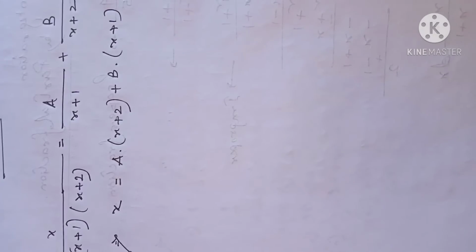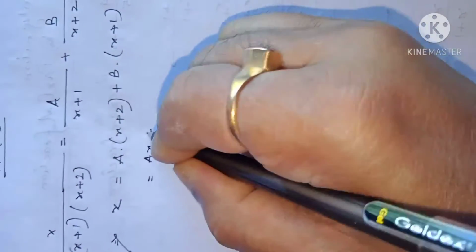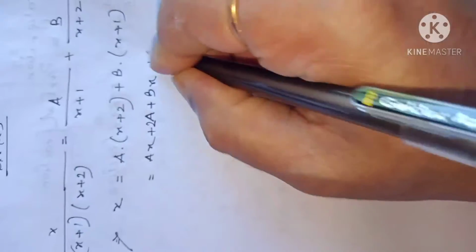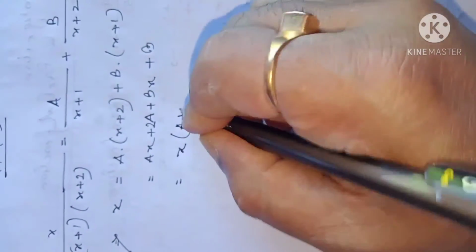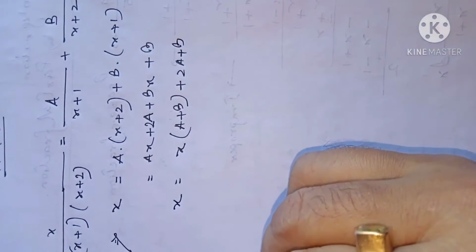Now open these brackets, so it will be Ax plus 2A plus Bx plus B. So here x common, then it will be (A plus B) x plus (2A plus B), and on the left hand side x is there.